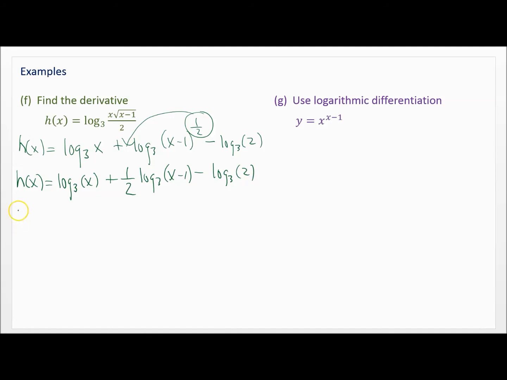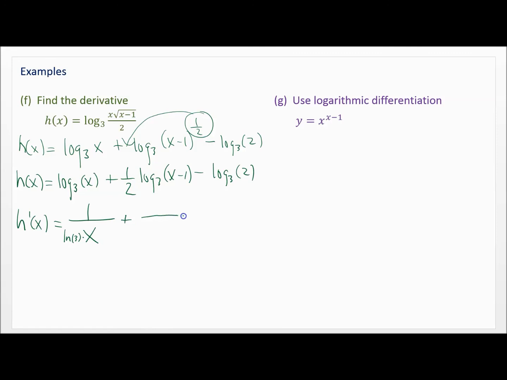Now let's take the derivative. So h prime of x is equal to, now remember, when you take the derivative of a logarithm, you divide by the natural log of the base. So I have 1 over x, because the derivative of natural log is just 1 over x. But since this isn't natural log, I have this extra natural log of 3 that goes in the denominator. You with me? Plus 1/2 is a constant.